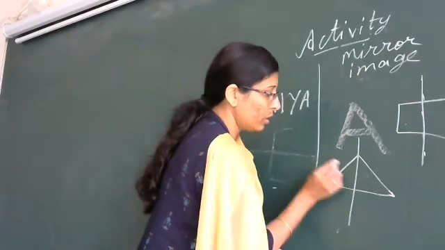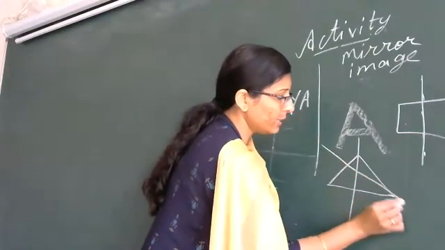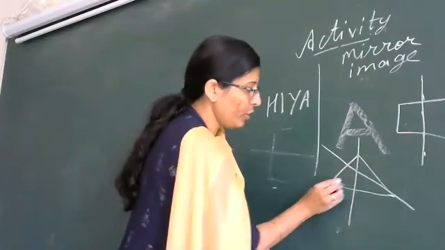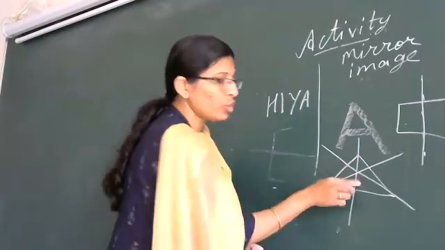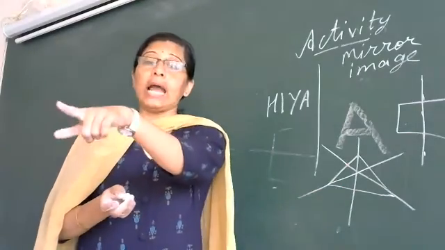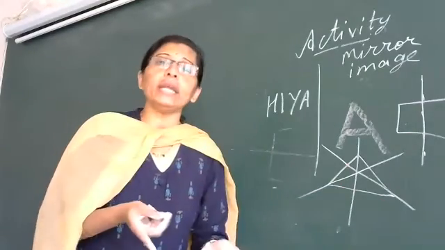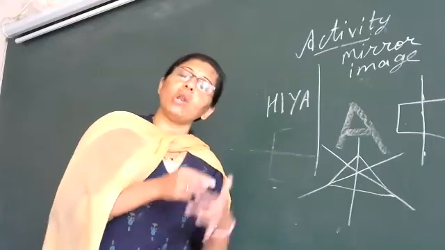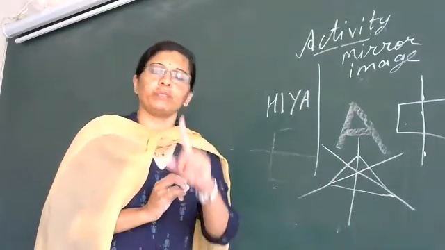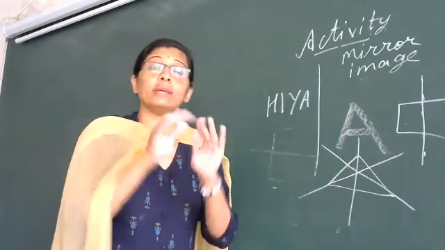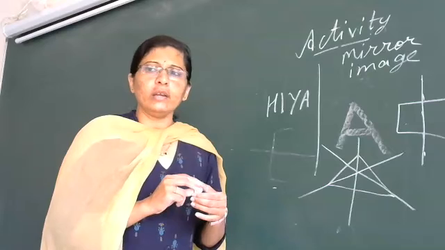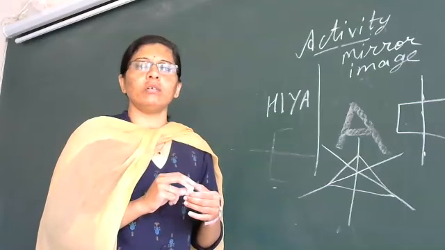You can draw here also. If you draw like this, you will get identical triangles here and here. If you draw like this also, you get identical triangles. So in that question, all the possible lines of symmetry you have to draw. Just for example, I'll show you one. Okay? Do you have any doubt?